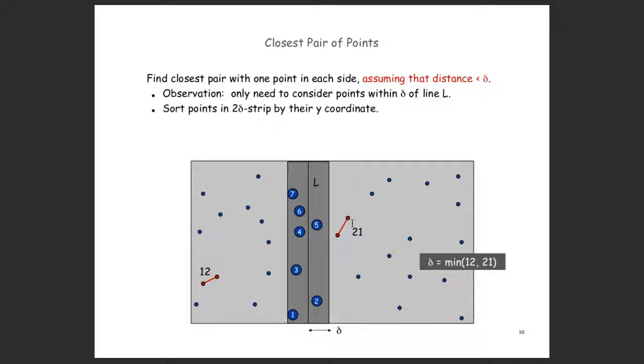So I would sort those guys by their y coordinate. I can almost merge these things instead of comparing everyone with everyone. The only two that could be close are 6 and 4.